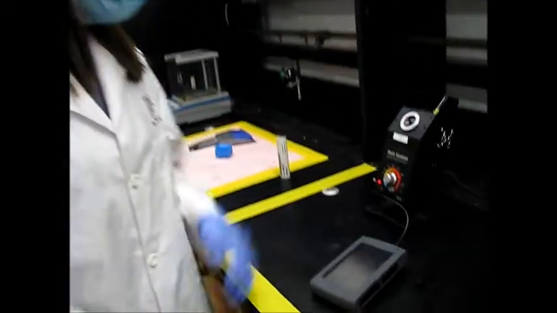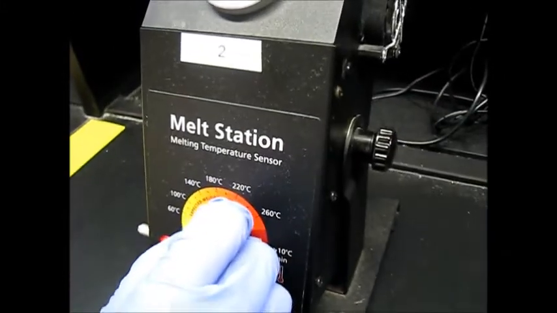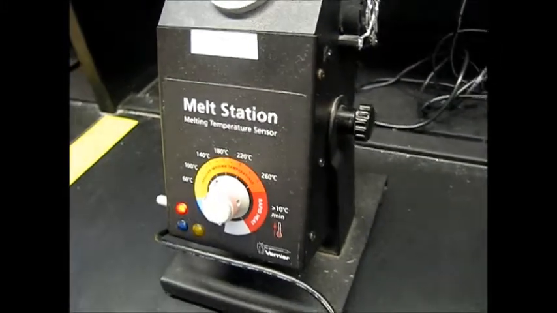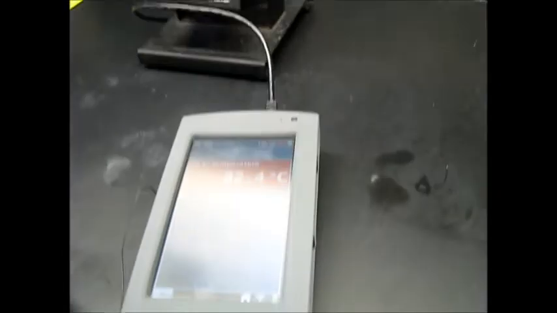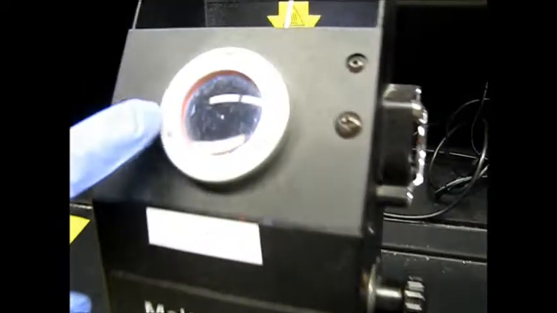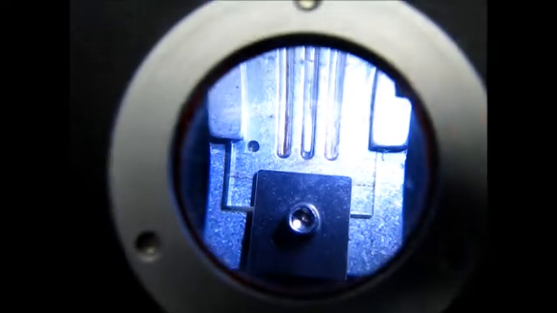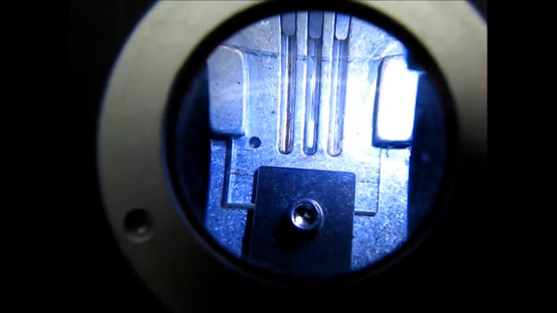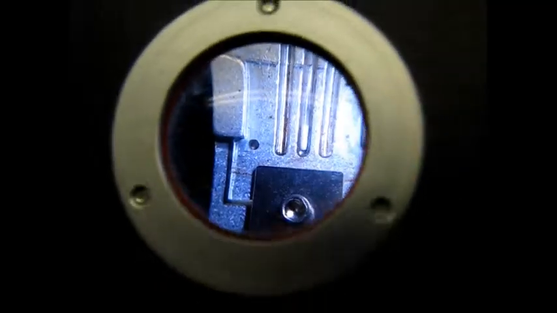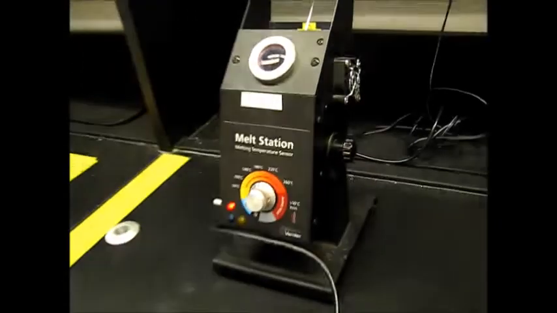Once our temperature reaches around 80 degrees, we're going to go ahead and raise the heat to 140 degrees Celsius. And when our LabQuest reads 110 degrees Celsius, it's going to be very important that we start paying close attention to inside of here because we are approaching benzoic acid's known melting point.